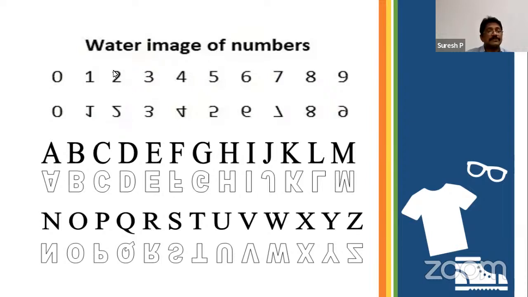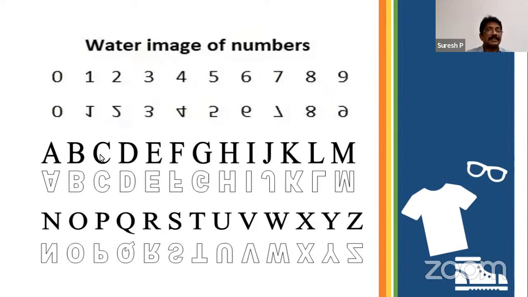Water image of 2 will be here, and water image of 3 will be in this shape, and water image of 4 will be in this shape, water image of 5 will be in this shape, water image of 6 will be here, and water image of 7 is in the same mode, water image of 8 will be here, and water image of 9 seems to be like this. So you have to observe it very carefully, and you have to practice it, and that's very, very important.